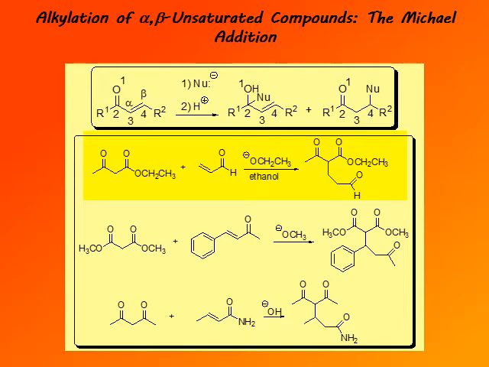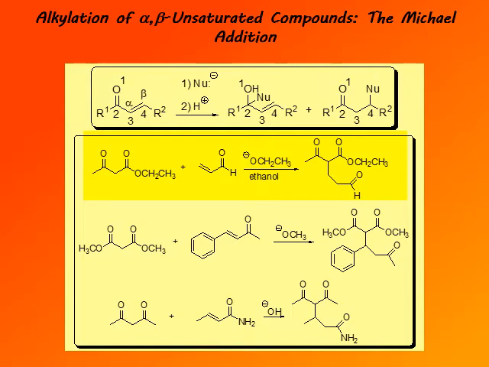A beta-ketoester is a typical substrate for Michael addition. That's because the middle carbon is activated by 2 carbonyl groups and is rather acidic. It's easily deprotonated, and once deprotonated, adds in 1,4 fashion to an alpha-beta unsaturated carbonyl compound.